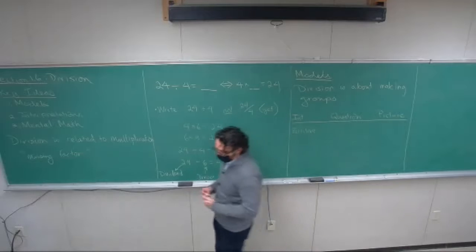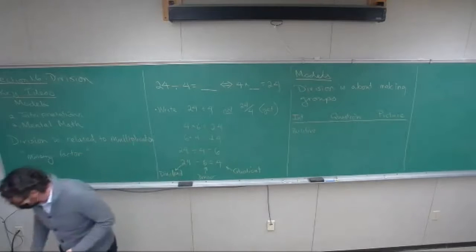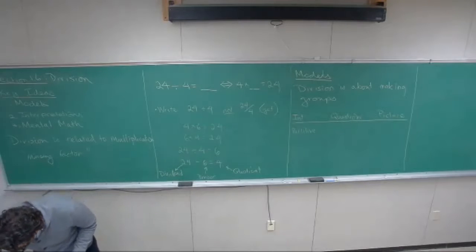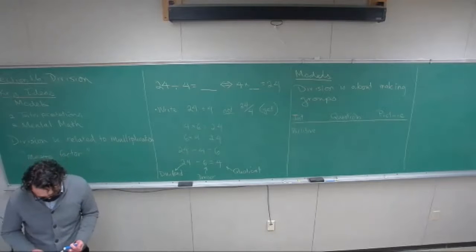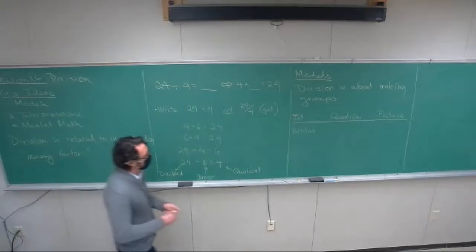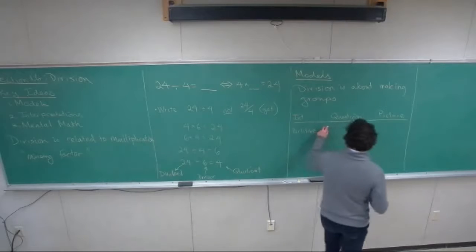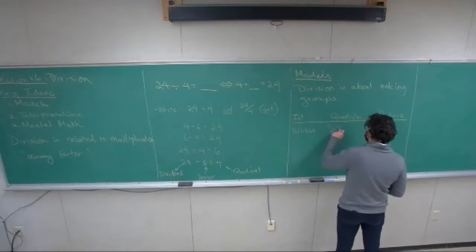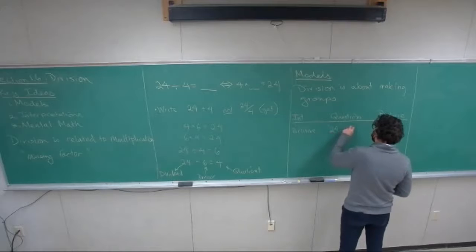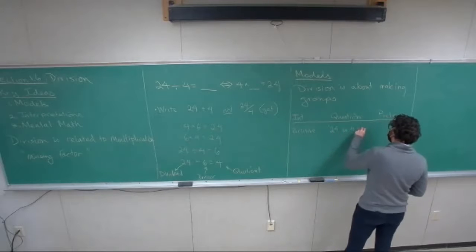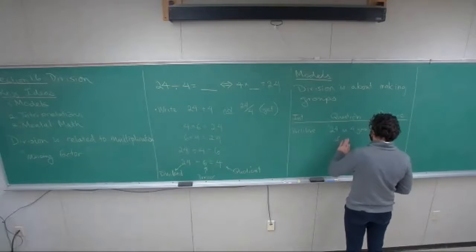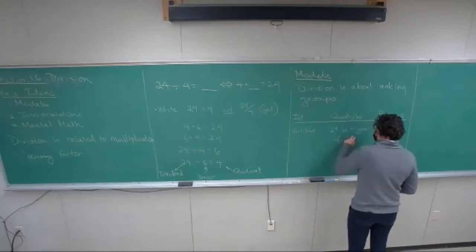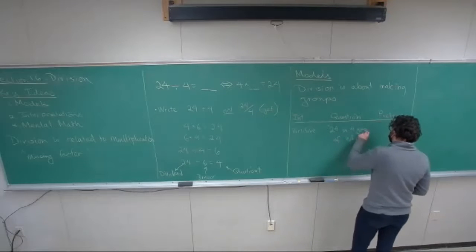Okay, so the first interpretation that we'll talk about is called the partitive interpretation of division. And the related question is something like this. 24 is 4 groups of what?